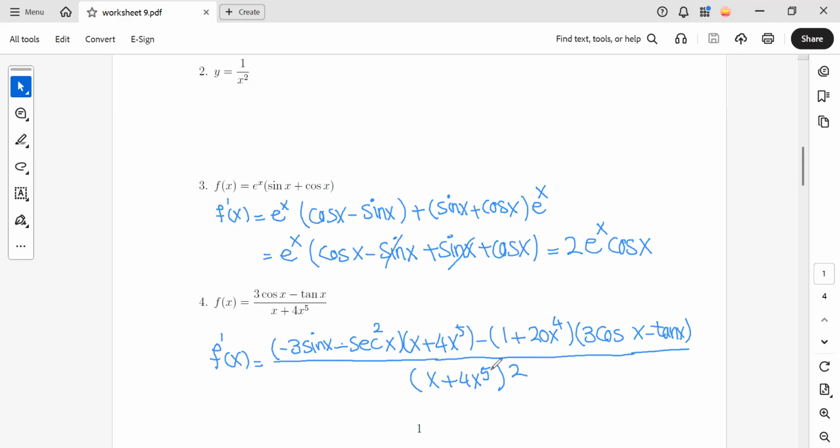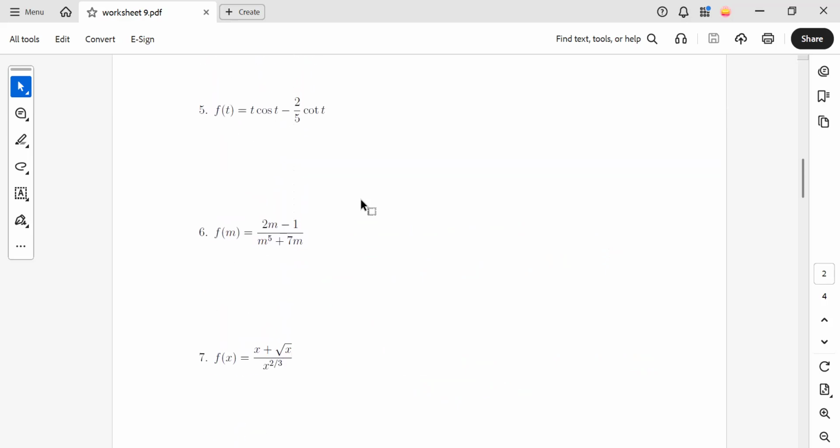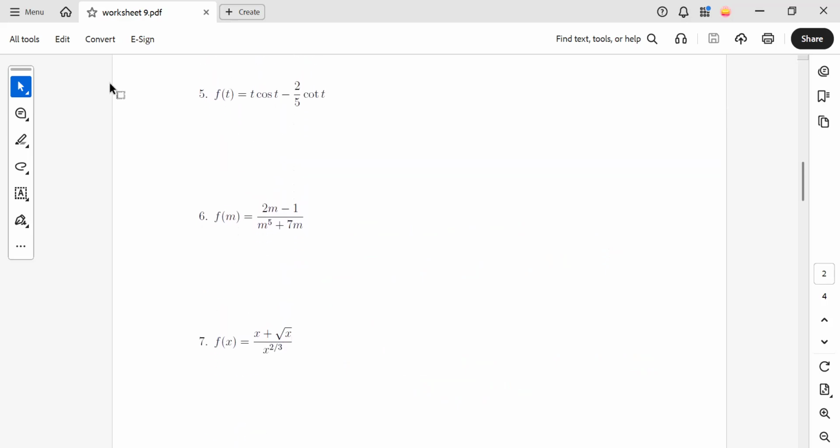So number 5 is here. 3 of them we can do at the same time. For 5, the first part is a product rule because t and cosine are multiplied together.